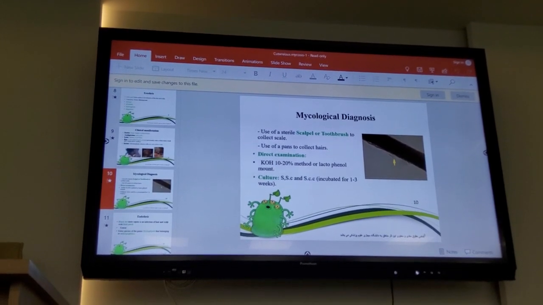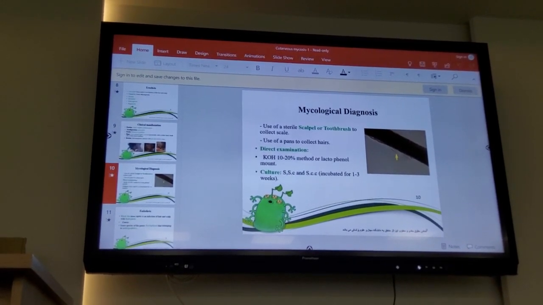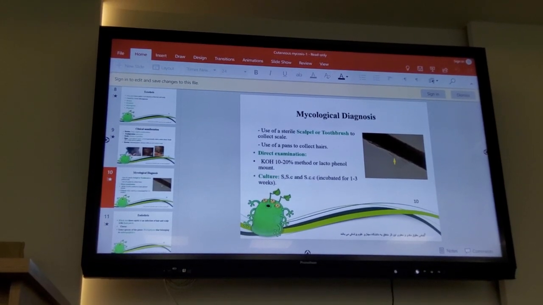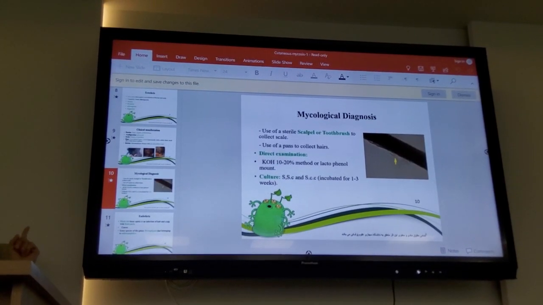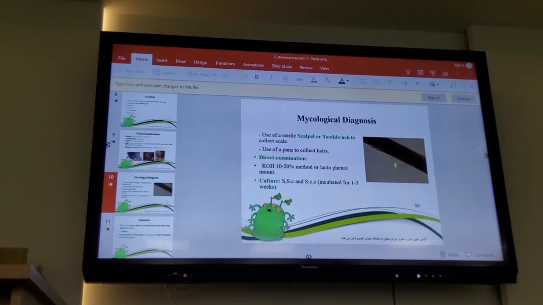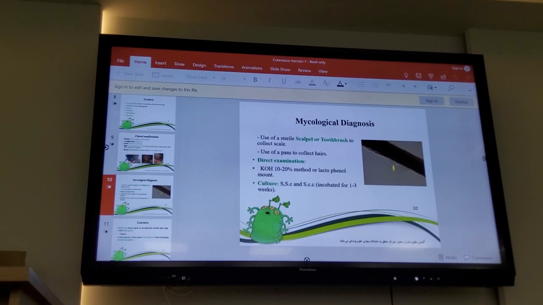Therefore, for a good, correct, complete diagnosis of dermatophytosis, we need direct microscopic examination and the culture method with isolation of the dermatophyte. It is a complete report.